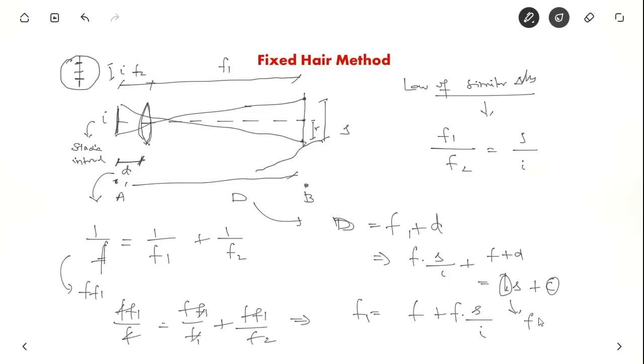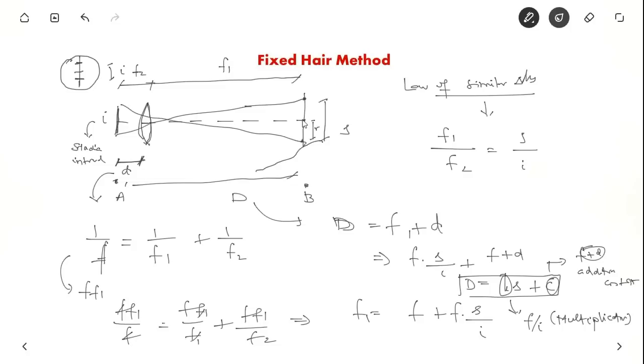K is equal to F by I. It is the multiplicative factor. And C is nothing but F plus D, which is the additive constant. So D equal to Ks plus C. This is the formula which you are looking for.